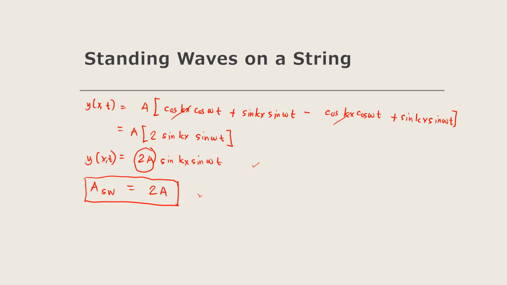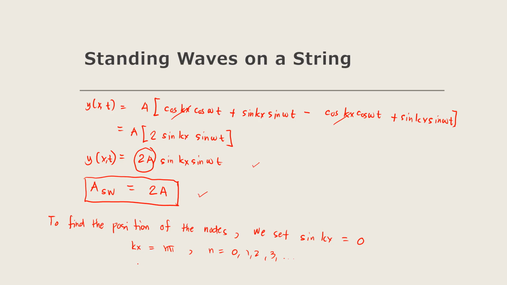Notice that the amplitude of the standing wave is twice the amplitude of either of the original traveling waves. And in order to find the positions of the nodes, we can set sine kx in this equation equal to 0 to give a 0 displacement. This means that kx is equal to n pi, where n is equal to 0, 1, 2, 3, and so on.